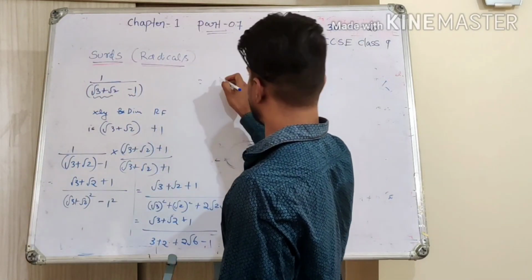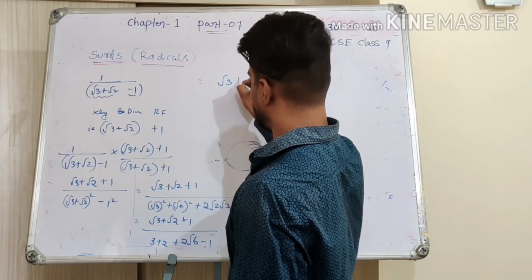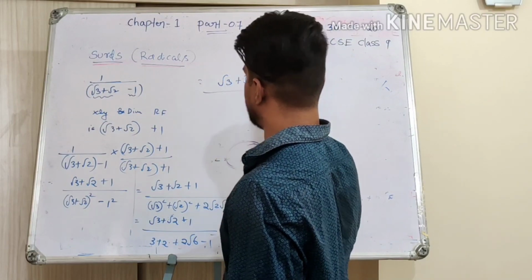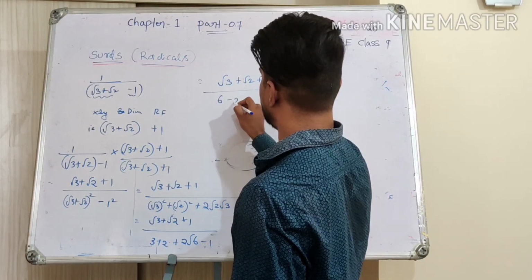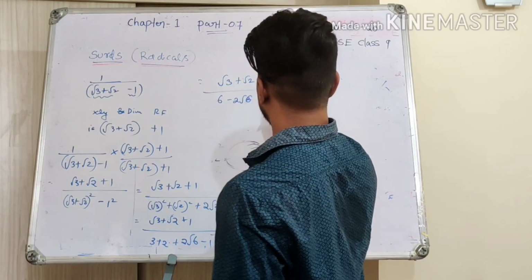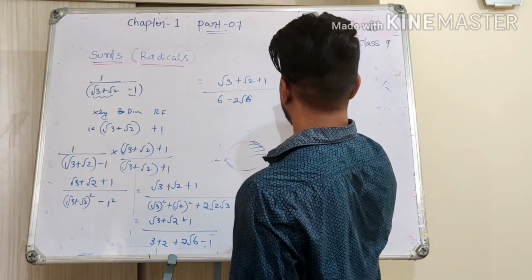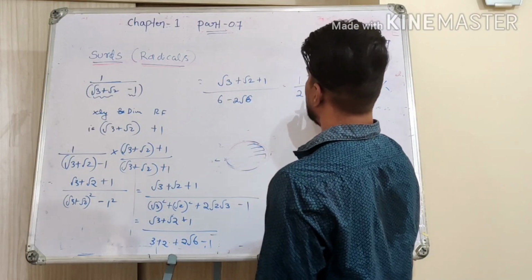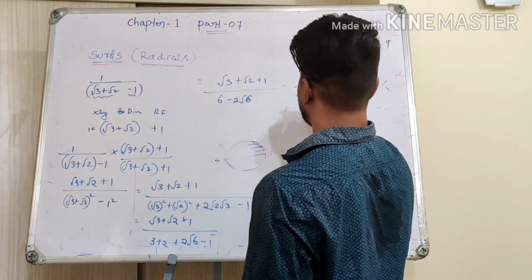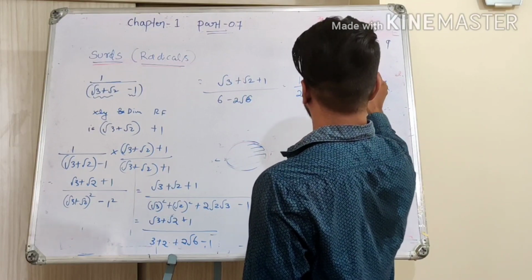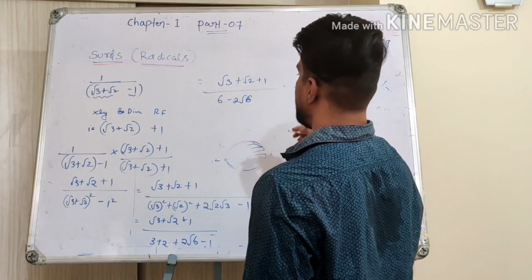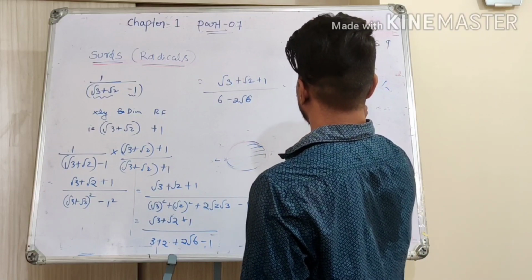I end up with continuation here. Root 3 plus root 2 plus 1 divided by 5 plus 1, 6, 6 minus 2 root 6. So what is common in the denominator? I can take it outside 1 by 2. 1 by 2 I can take it outside. We end up with root 3 plus root 2 plus 1 divided by 3 minus root 6.